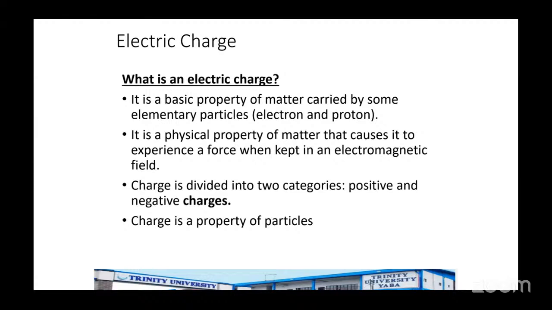We know that an electron is charged negatively. And then a proton is charged positively. What the elementary particles, the electron and the proton, carry is what we refer to as charges.